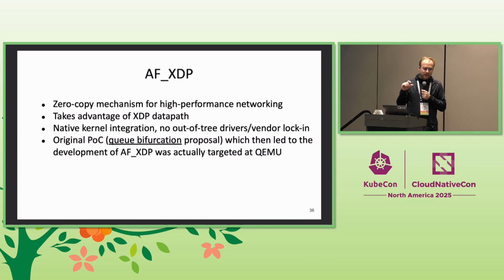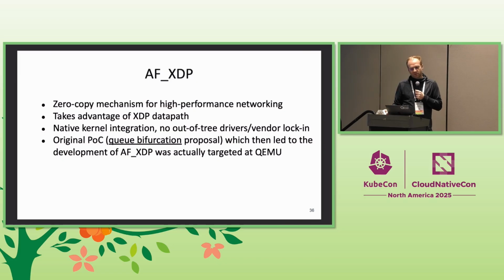This is basically a layer where you can attach BPF inside the driver itself, so at the very earliest possible point in time where you can do something with the packet. And then you can push this into an AF_XDP socket. This is natively integrated into the kernel. You don't have to deal with out-of-tree drivers and so on, and you don't really have vendor lock-in because all the modern or reasonably modern NICs already support AF_XDP.